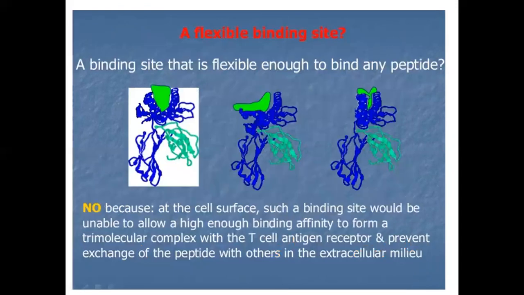Is a flexible binding site present at the cell surface? No, because such a binding site would be unable to allow high enough binding affinity to form a trimolecular complex, that is MHC, peptide, and the T cell receptor. That is why no flexible binding site is observed.